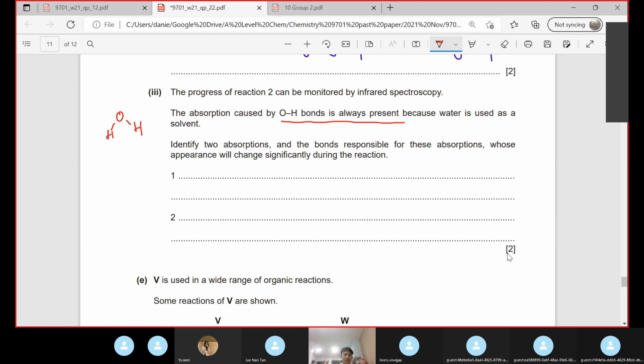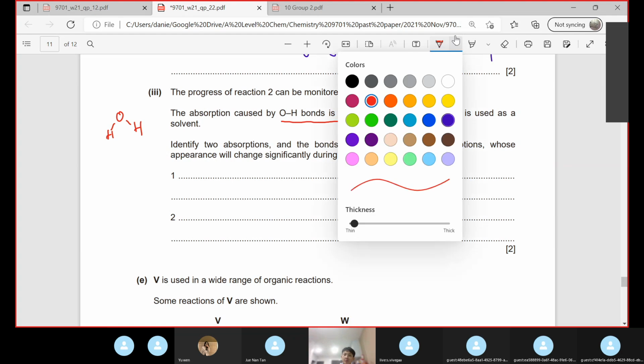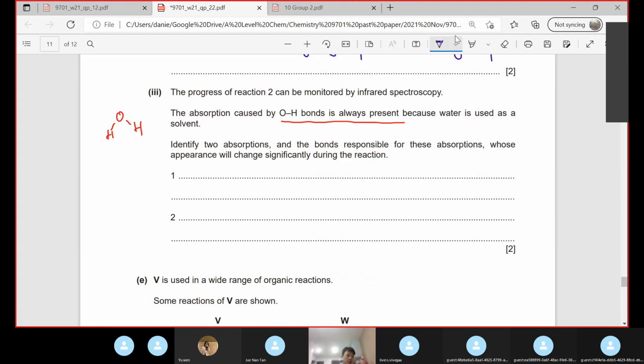Then what are the other two? The first one, I believe most of you would say the carbonyl group, the C=O. So you can write that down. This is the previous version of the infrared data.